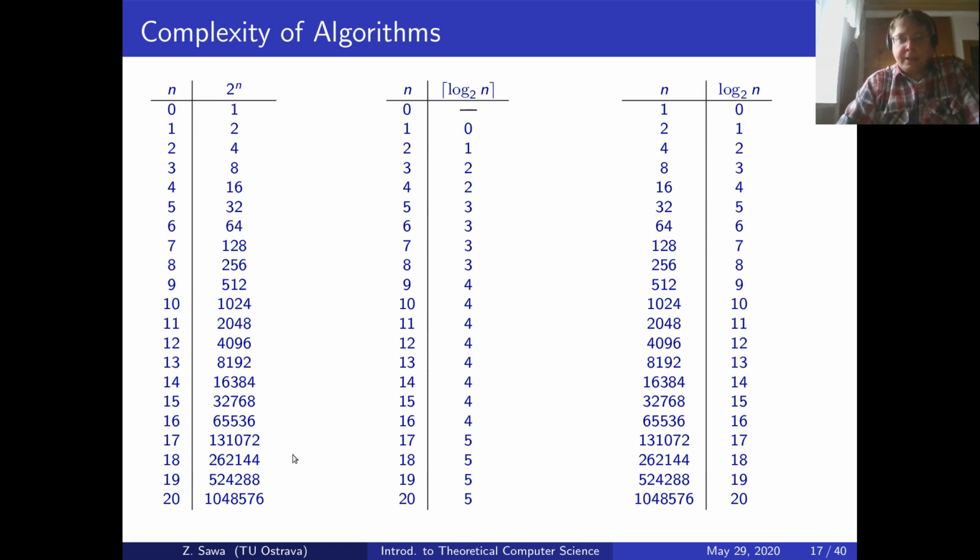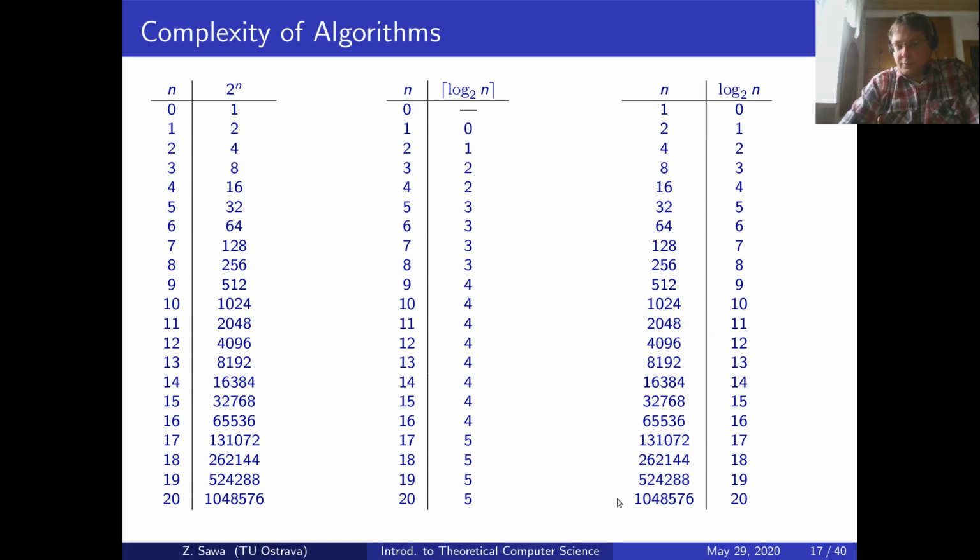And the logarithm of n is which power of 2 we must take to obtain the given value of n. So we can see it grows quite slowly. We can see it even more if we consider these powers of 2 as values of n. For quite big values of n, we have quite small values of logarithm.